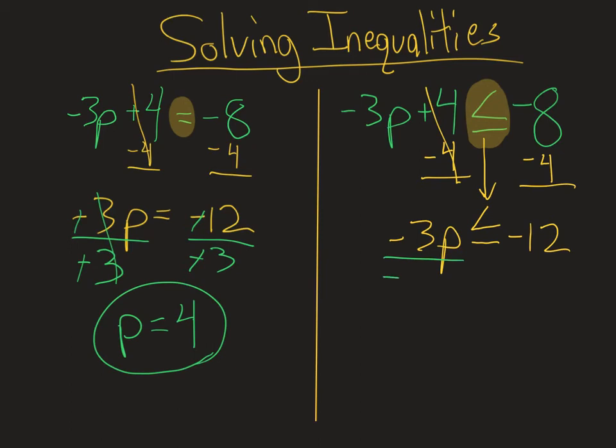Negative 3p is multiplying, so the 3 is going to divide, the negatives are going to cancel, and I'm going to do the same thing on the other side to keep my equation balanced. So p is by itself, my pair of negatives cancels, I end up with 4, but this is where something unique happens, okay?